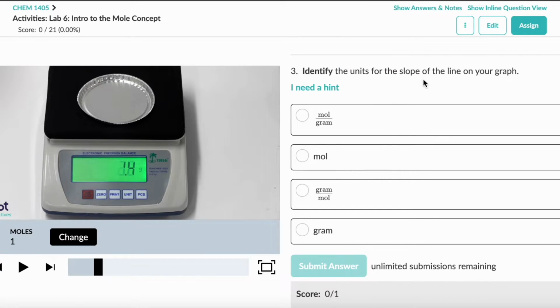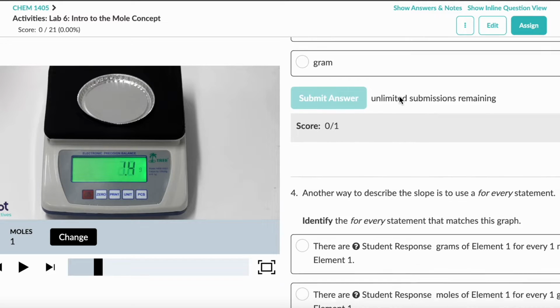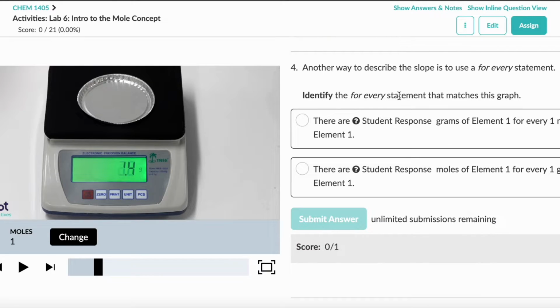Next, there's just some more follow-up questions. So identify the units. I'm not going to spoil that for you. And then there's a good way to describe how many grams per mole. And basically, you're just describing the ratio.